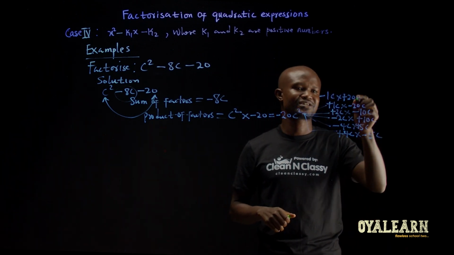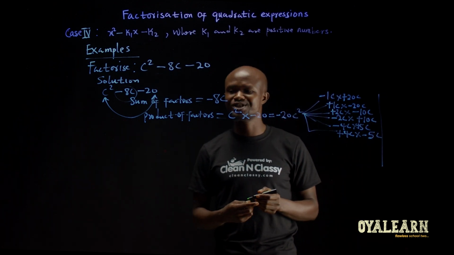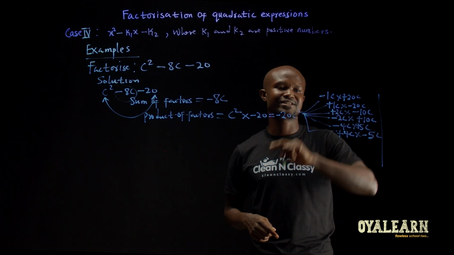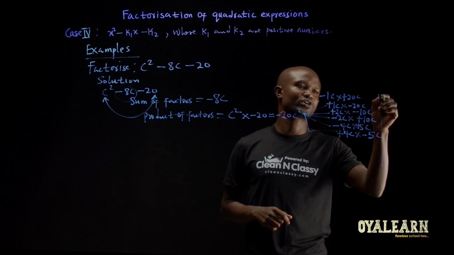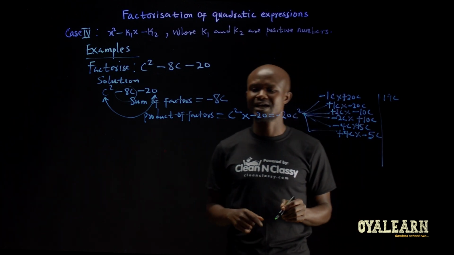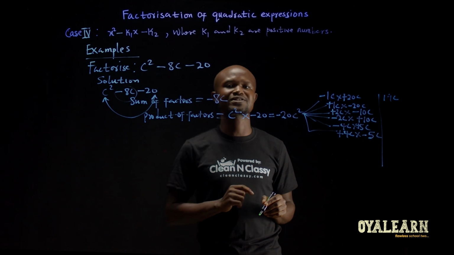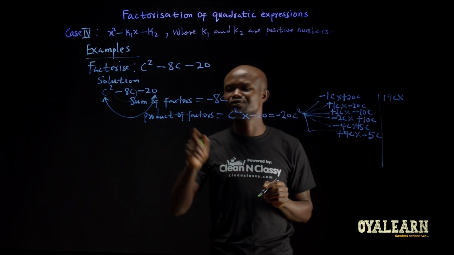So how do we do that? We are going to check their sum. Minus 1c plus 20c, what does it give us? That's going to give us 19c, and we are looking for minus 8c. So this is not valid.